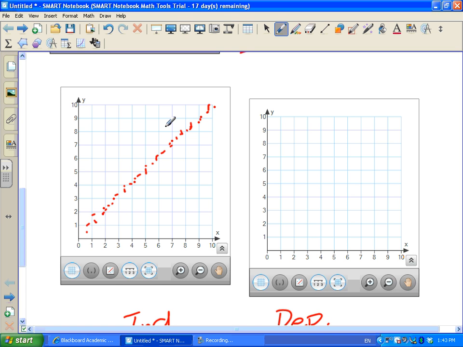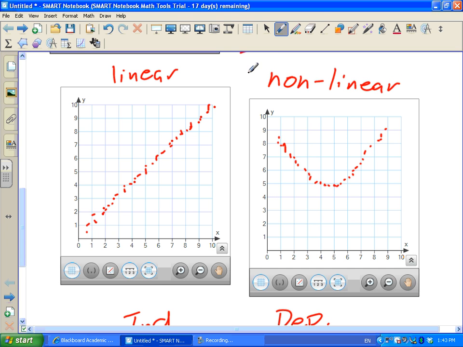Yes. Why? Because it's going in a straight line. So we'll call this a linear relationship. What about if we had something that looked like this? Jaden, what would it be? Nonlinear. Because it does not form a straight line, we have a nonlinear relationship.